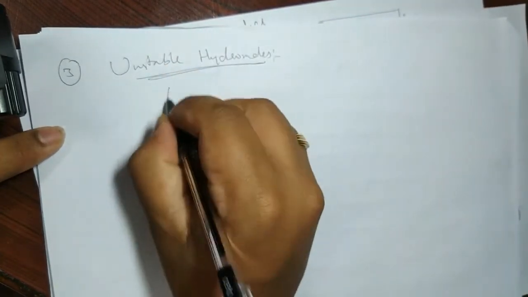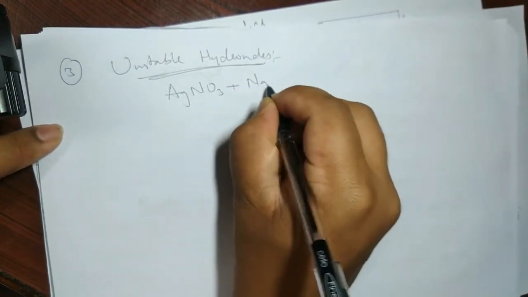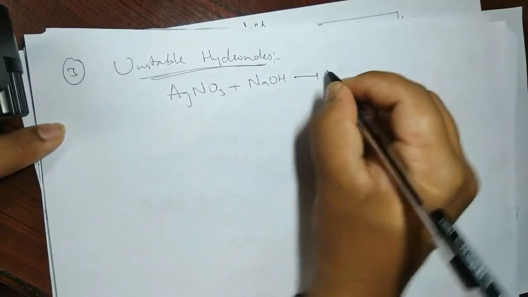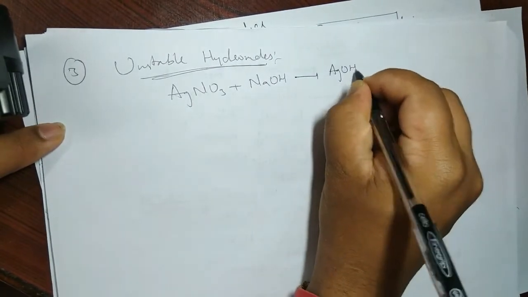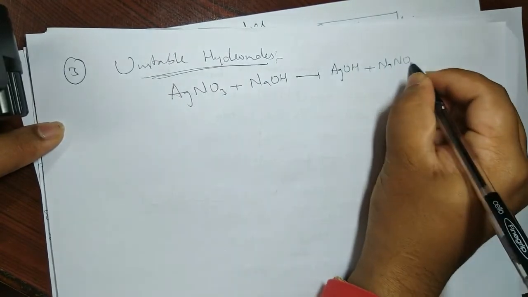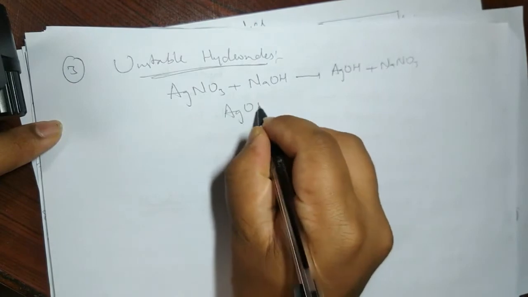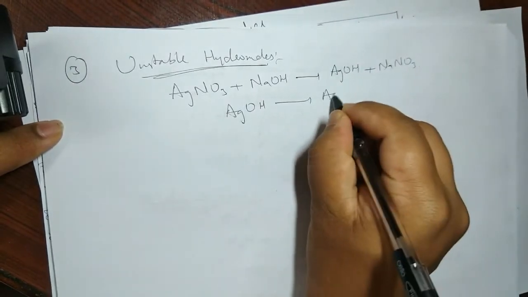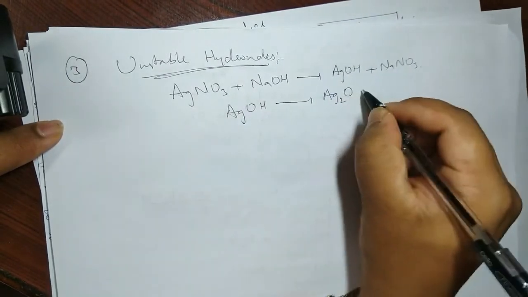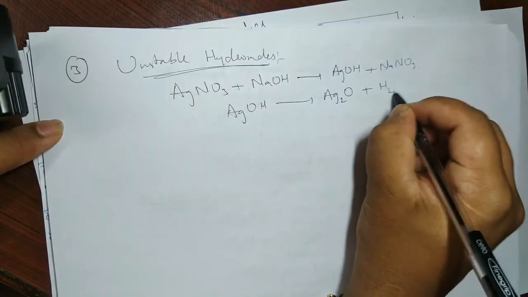Okay, so AgNO3, silver nitrate plus NaOH will form silver hydroxide plus sodium nitrate, NaNO3, and this AgOH very quickly forms Ag2O and water.